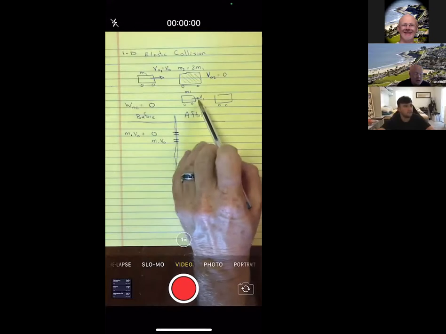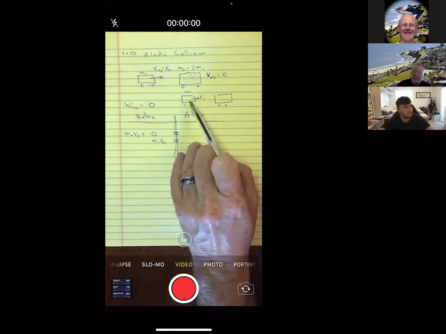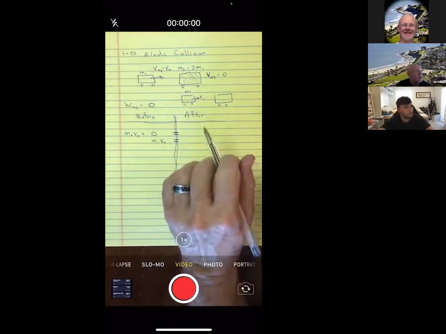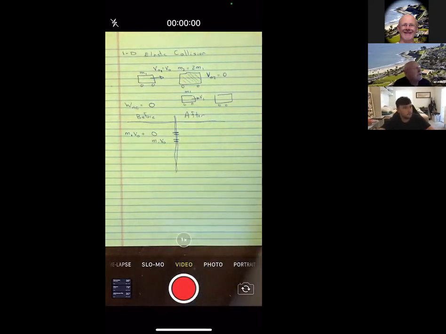And so I'm pretty sure this one's going to be a negative velocity. I'm pretty sure it's going to back off a little bit. In fact, look at his next sentence. He says, hint, cart number one has less mass than cart number two. So it bounces backwards. V1 is in the negative direction.